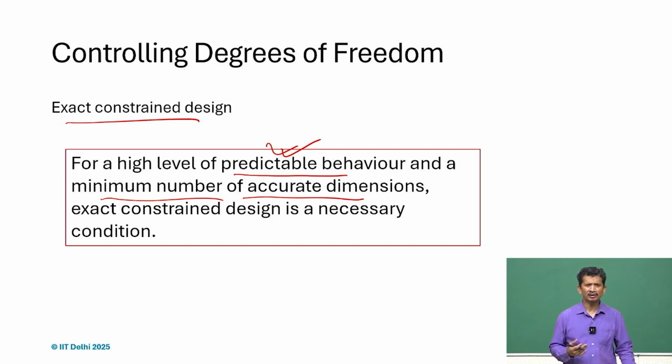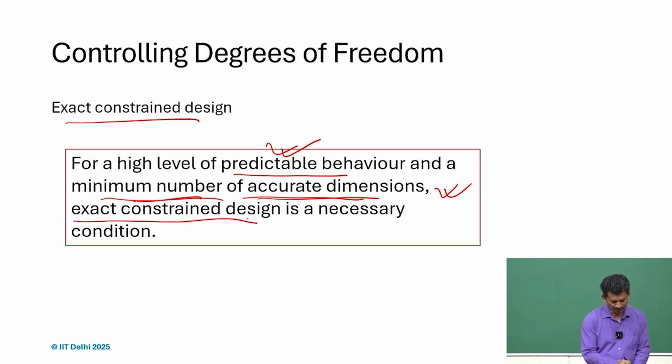Sometimes we cannot get those tolerances. So how to minimize that requirement, the minimum number of accurate dimensions? For these two, predictable behavior and minimum number of accurate dimensions, exact constraint design is a necessary condition.